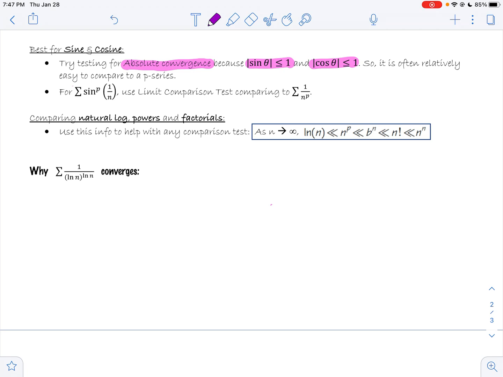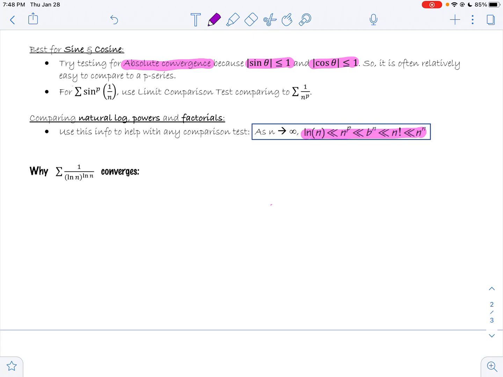And then the last piece that I wanted to give you was this relationship between natural log and powers and factorials, to help when you're thinking about comparison tests. You'll note this relationship here, that the natural log of n is the smallest of all of them, and then you've got this hierarchy. Now, this hierarchy is not necessarily true close to zero.